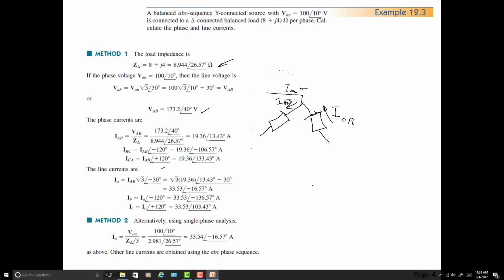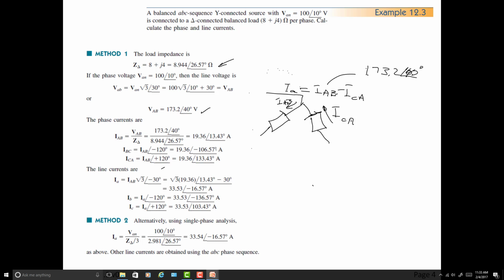So we're going to want this to be equal to IAB minus ICA, right? But we know these two are very easily the line voltage, which we now have, 173.2 at 40.